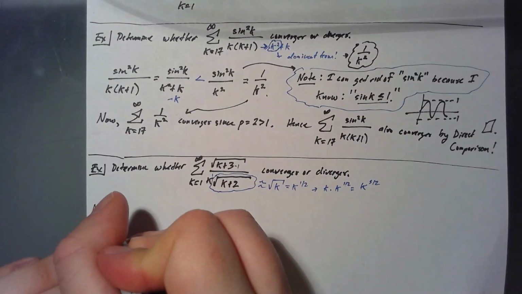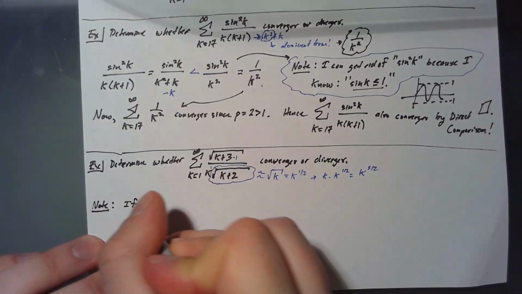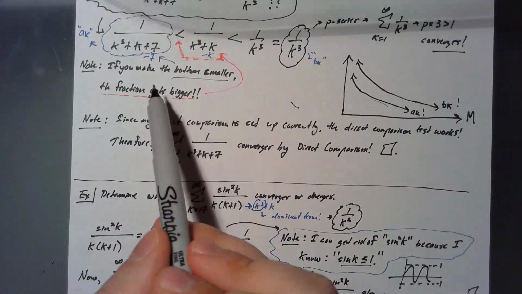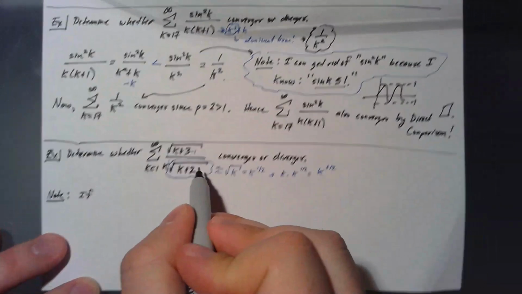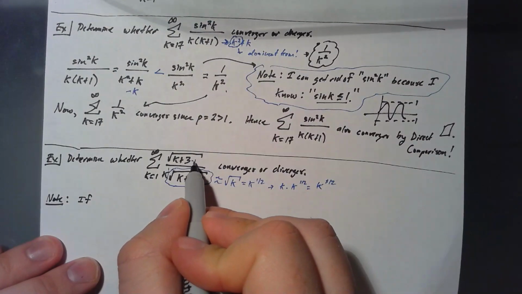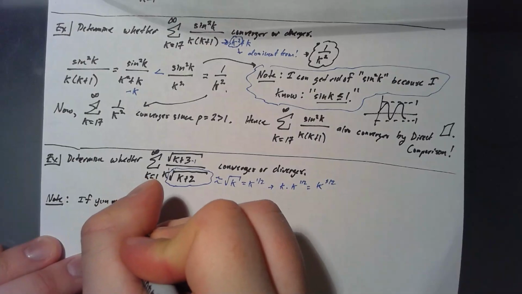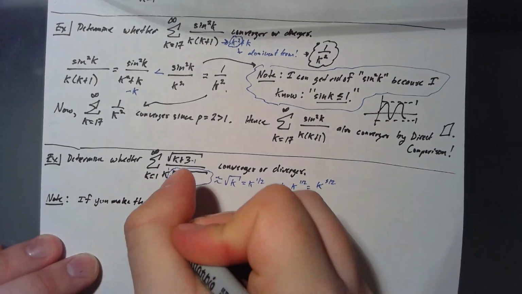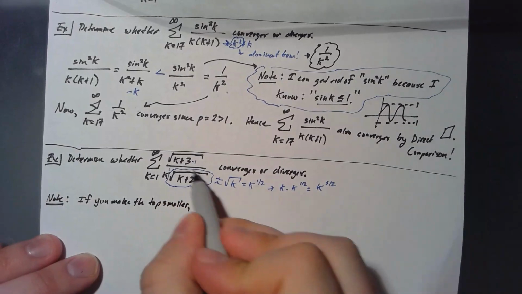So let me make a note here. Note: it's very similar to this note. If you make the bottom smaller, the fraction gets bigger. Well, in this case, if I make the top smaller, what happens to the fraction?